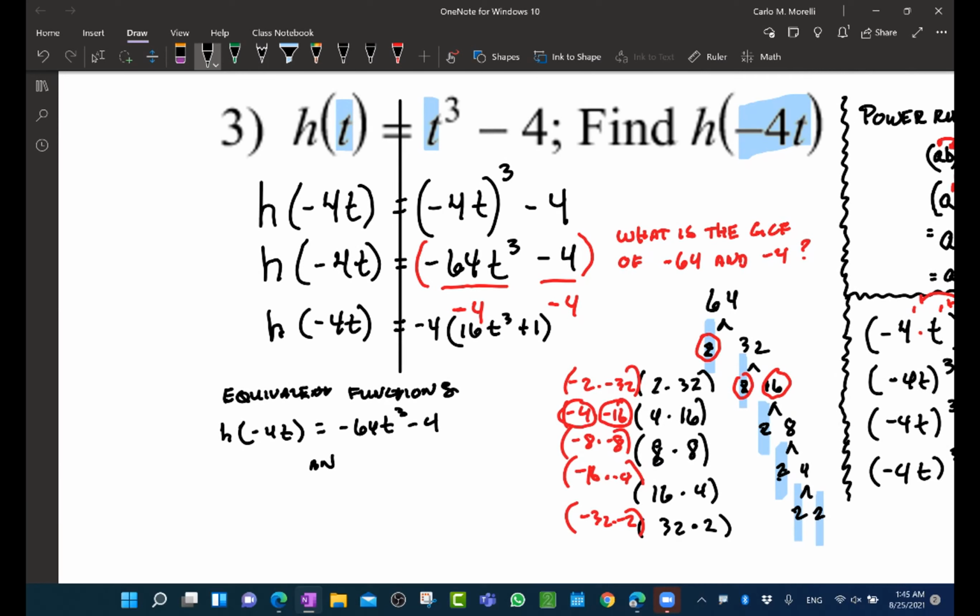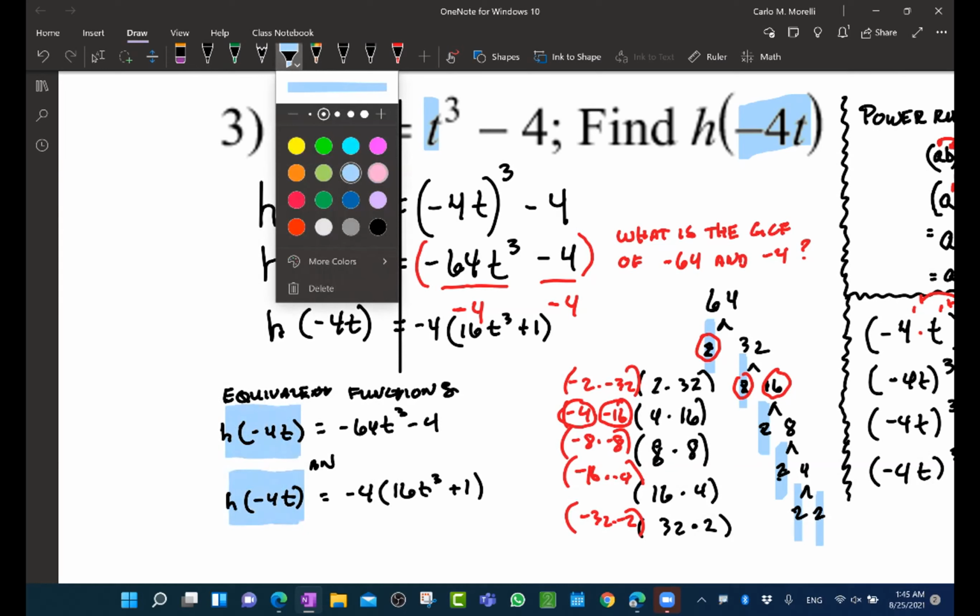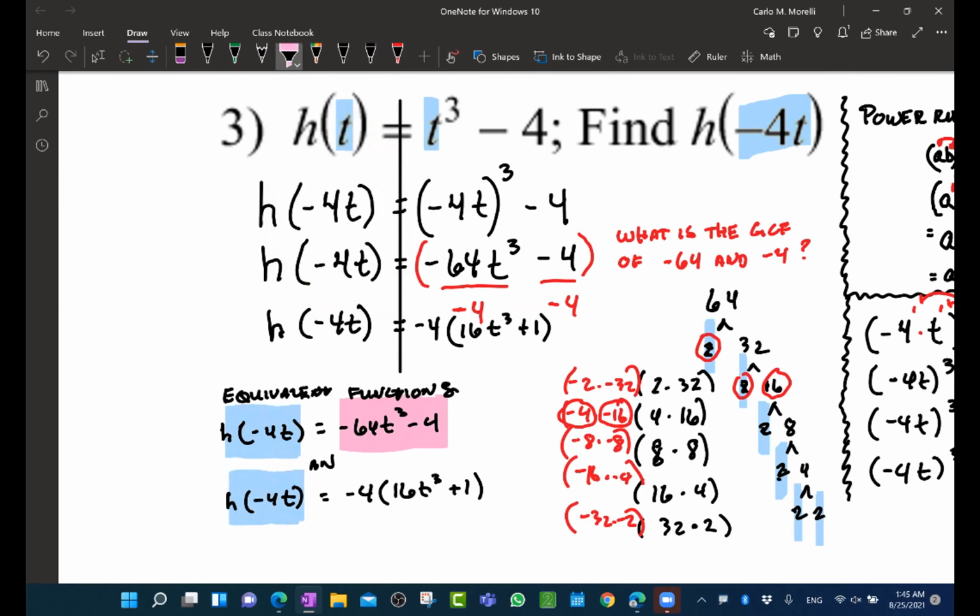And that is equivalent to h of negative 4t equals negative 4 times the quantity 16t cubed plus 1. All right, those are equal to one another. This is the same as this. Therefore, this is the same as this. Okay?